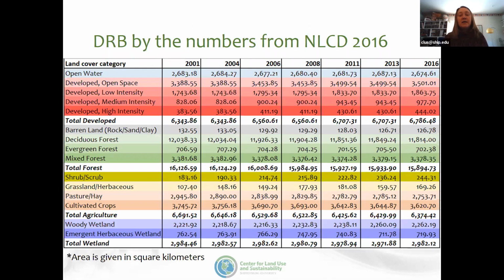And this is a snapshot of what it looks like in terms of land cover classes from the NLCD 2016 edition. A couple of things to highlight here.